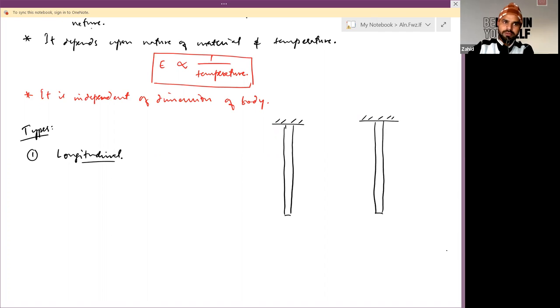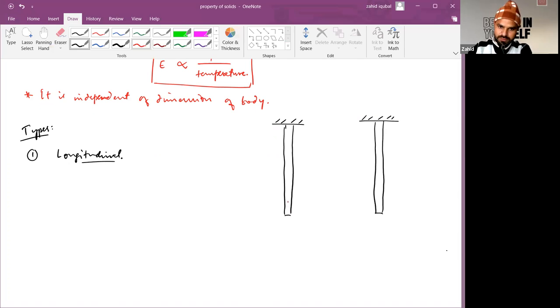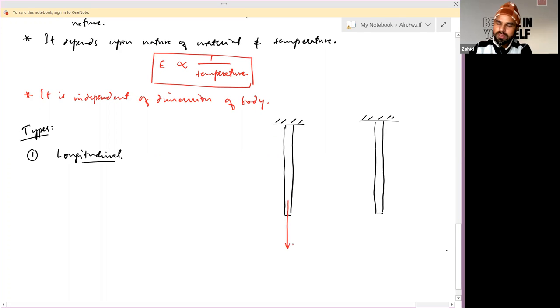You may apply deforming force to this body. One would be along this direction to elongate it, and the other along this direction to compress it. The deforming force or stress applied to elongate it is called tensile stress. And the other, in which stress is applied to compress it, is called compressive stress. Is it clear? Yes, sir.